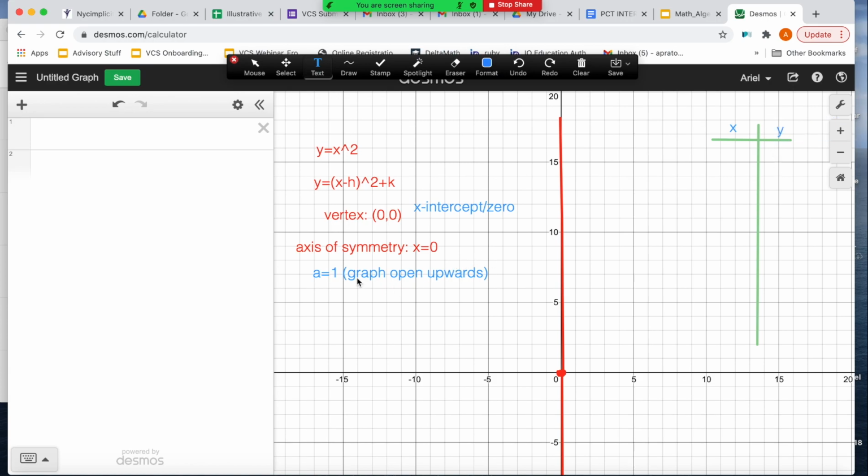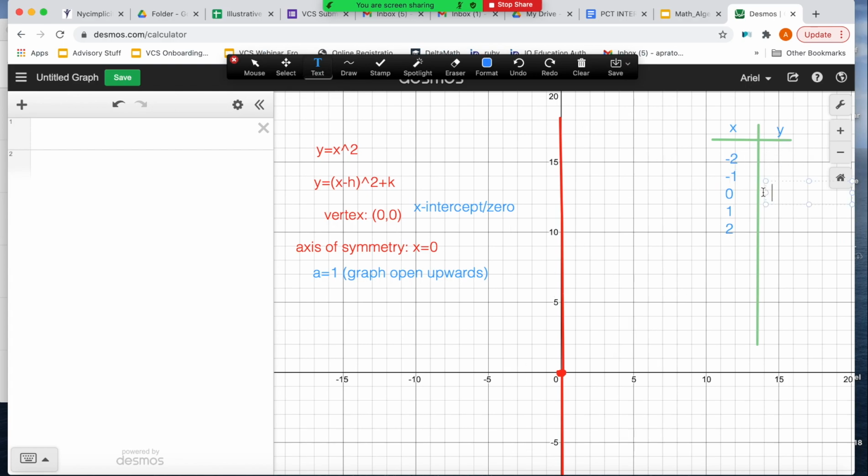And we're just going to make a table that matches this equation. We know it's opening up. I'm going to choose some points over here, and I'm going to choose some points over here so I can start to see the symmetry, because we know quadratic equations are symmetrical. So -2, -1, 0, 1, and 2. Just need a couple of points on each side to be able to graph it.